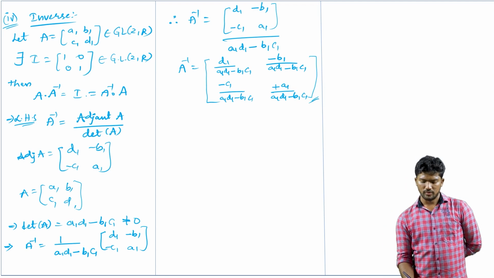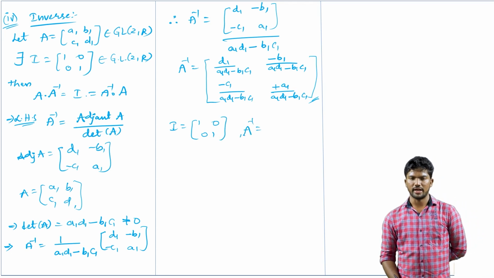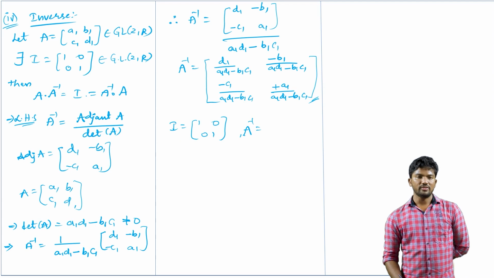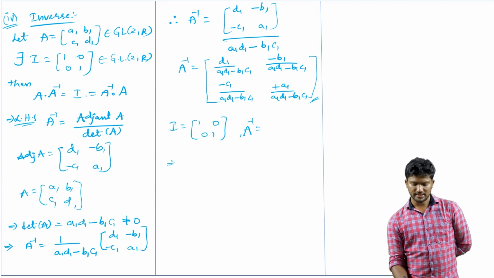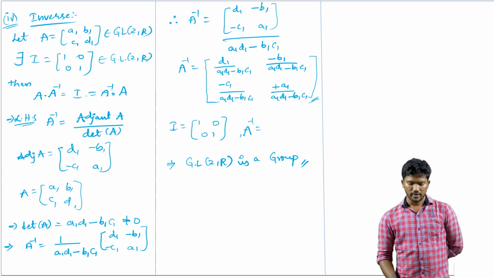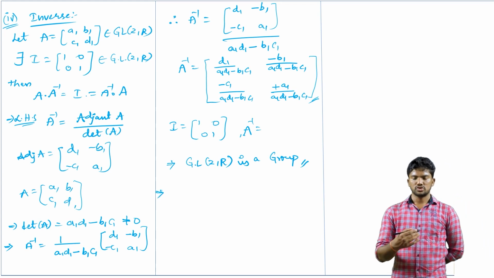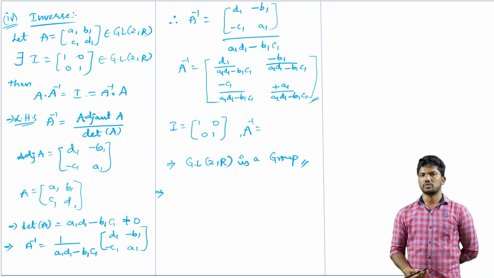In this format we got the identity element [[1,0],[0,1]] and the inverse A inverse as the above matrix. So clearly we can say that the set GL(2, R) is a group.